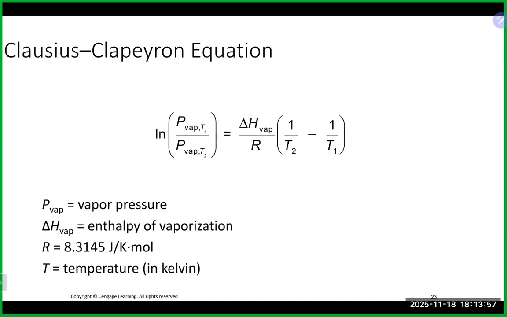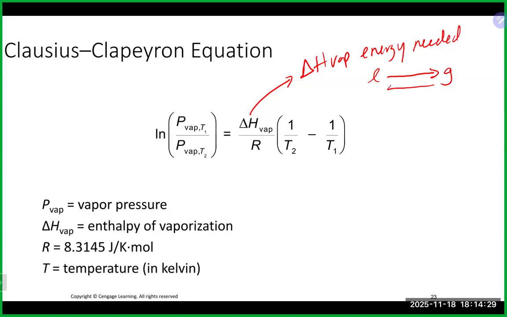We could actually calculate things like the vapor pressure, and we could use the Clausius-Clapeyron equation here. And this is the natural log of the vapor pressure at one temperature divided by the vapor pressure at another is equal to the delta H of vaporization. The delta H of vaporization is the energy needed to basically do one of two things: either take a substance from liquid to gas or go backwards, take a substance from gas to liquid.